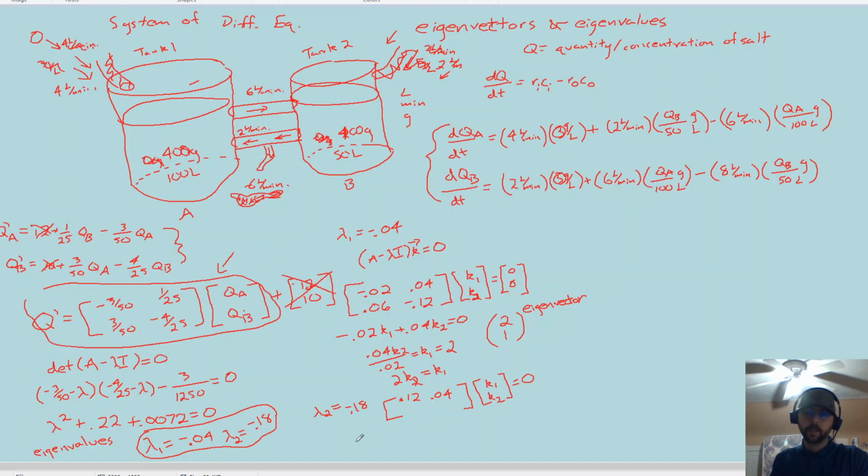So we have 0.12 k1 plus 0.04 k2 equals 0. We can subtract whichever one we want. I like to make k1 1, so I'm going to try to do that. So that means I'm going to subtract this and then divide.